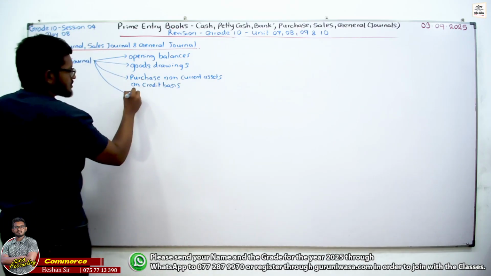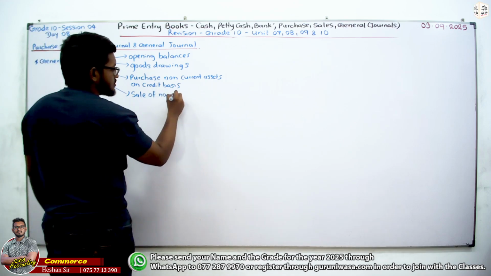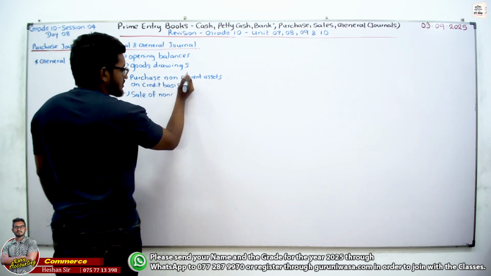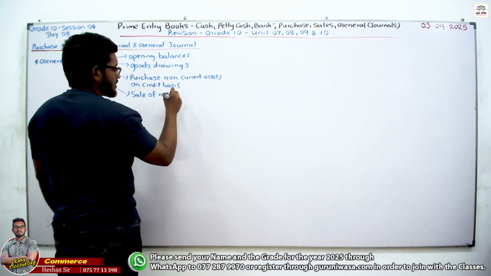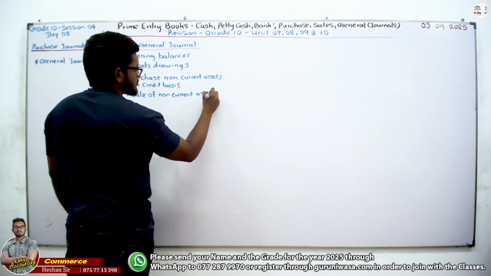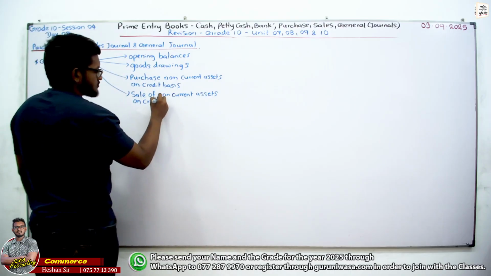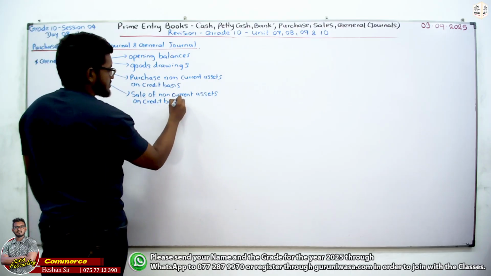Other, sale of non-goods; goods in is sales journal. Sales of non-current assets on credit basis.